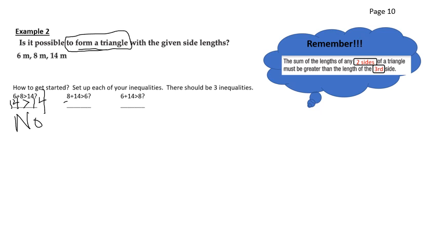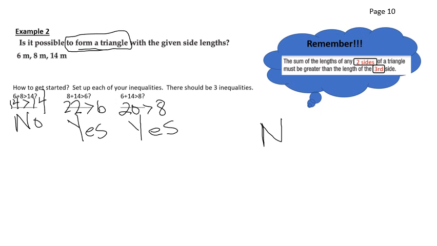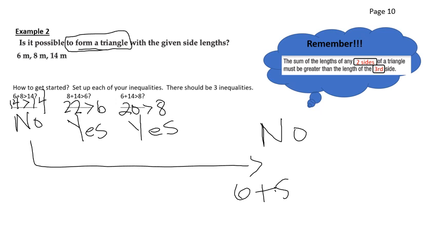8 plus 14 is 22. Is that bigger than 6? Yes, it is. 14 plus 6 is 20. Is that bigger than 8? Yes, it is. So is it possible here? The answer is no, because the 6 and the 8 were not bigger than 14.